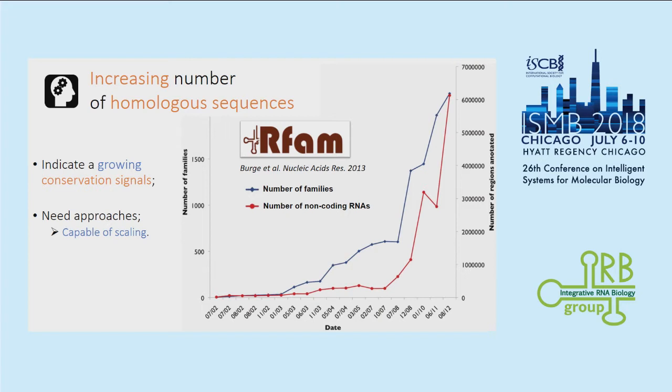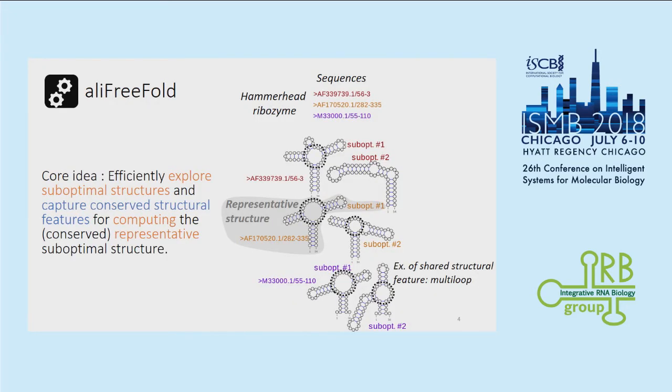So we think that we need approaches that are able to scale with respect to the number of sequences, but also approaches that could potentially take advantage of the increase in the conservation signals. With those 2 goals in mind, we decided to work on aliFreeFold.